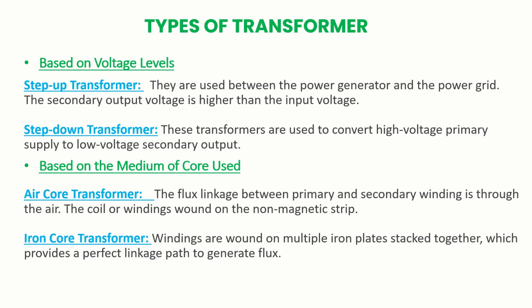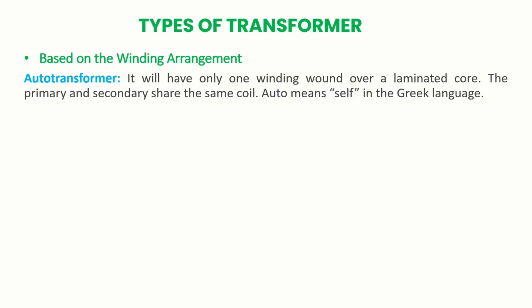Means in between the coil there is an air medium, no magnetic strips. Iron core transformer windings are wound on multiple iron plates stacked together, which provide a perfect leakage path to generate fluxes. Type of transformers based on the winding arrangement.